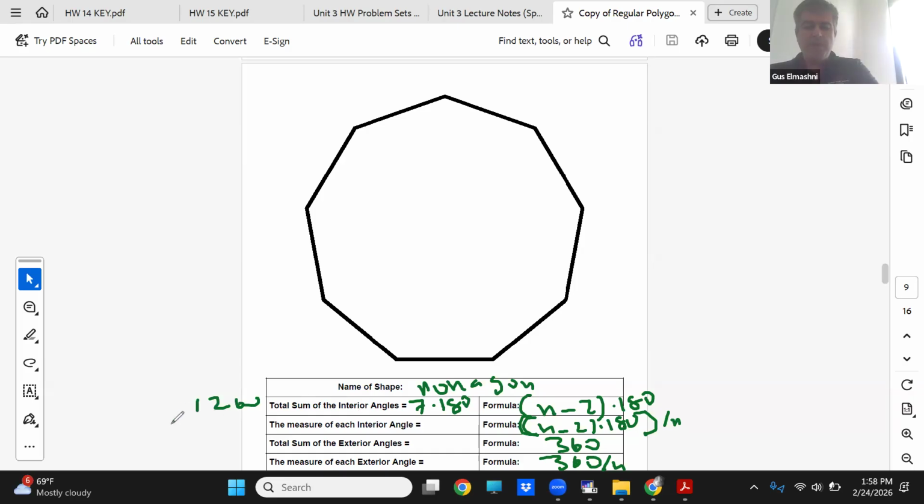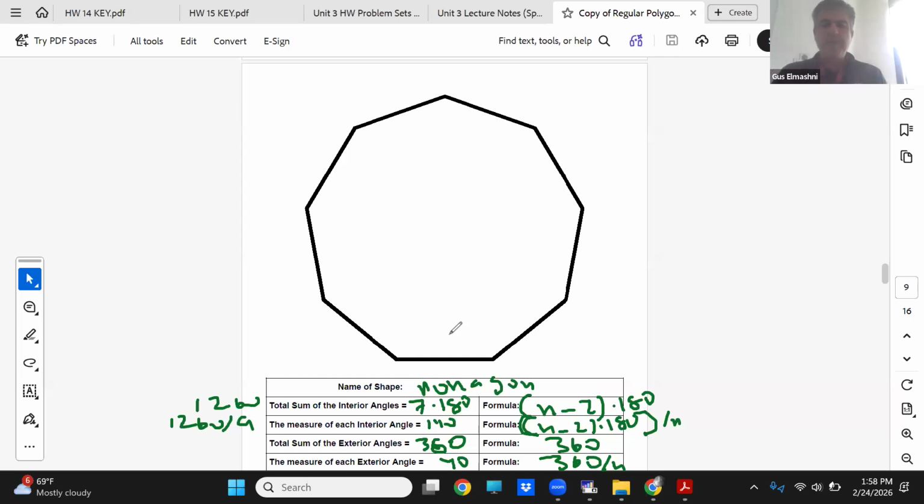Then I have to do 1260 divided by 9, which I need a calculator for, not in my head. 1260 divided by 9 is 140. My exterior angle sum, of course, is 360, but the formulas will be the same for everybody. Then divide by 9, that's 40 degrees for each exterior angle. So those should be pretty straightforward.